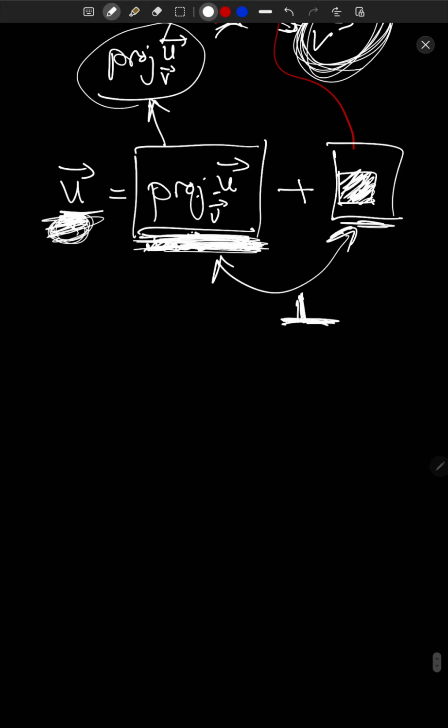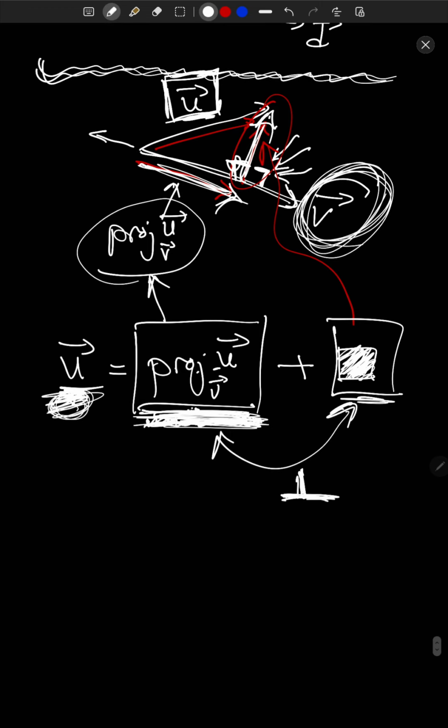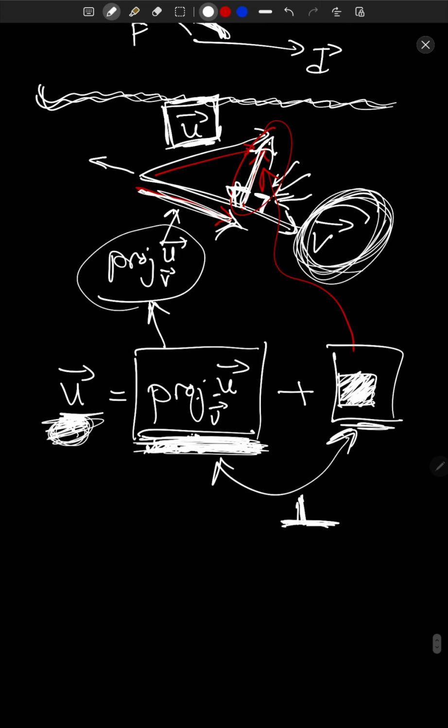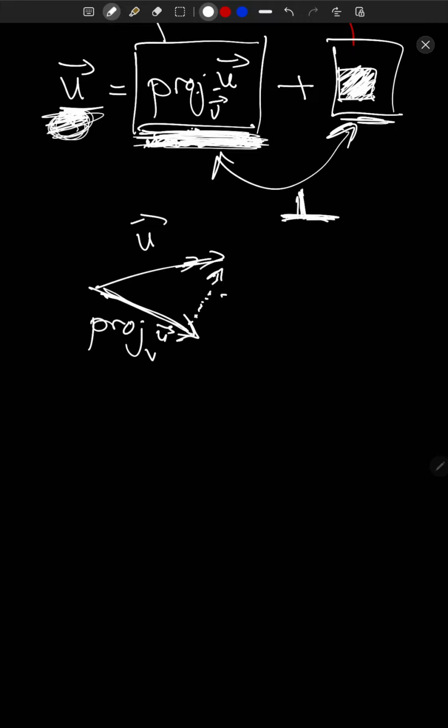Now, the question is, what exactly is this box vector? Well, it's actually super simple. Sorry, let me draw the picture again. It's getting a little messy up there. This is the projection of u onto v. This guy here is u. This is the vector that we're looking for. What is it? Well, let me write this down.